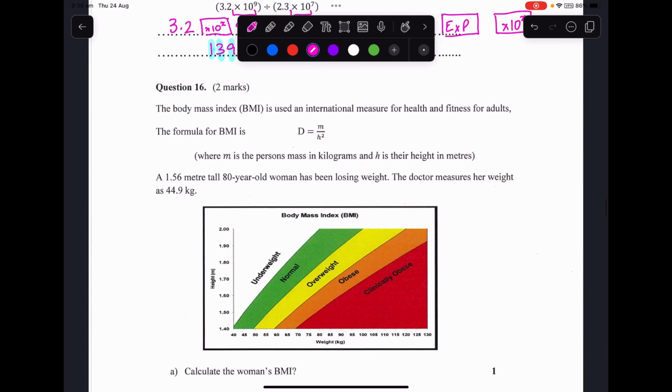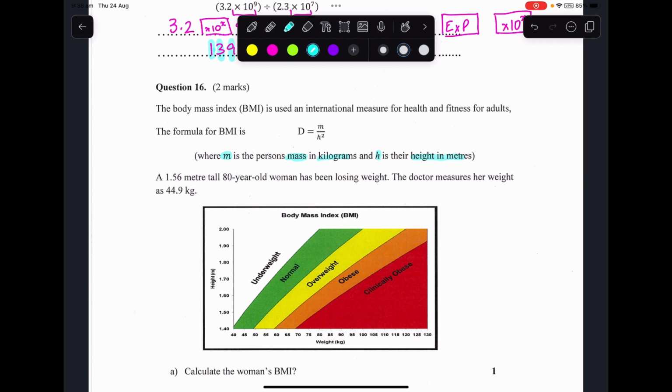Okay, this next one has a bit of information, so we'll need to read it. The body mass index is used as an international measure for health and fitness for adults. The formula for BMI is B equals M over H squared, where M is a person's mass in kilograms, and H is their height in meters.